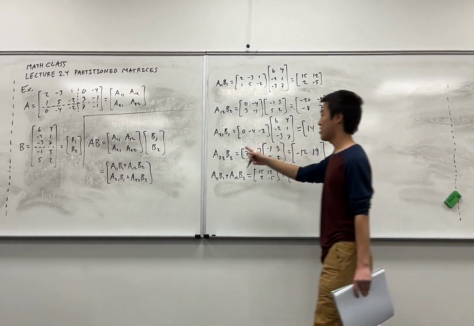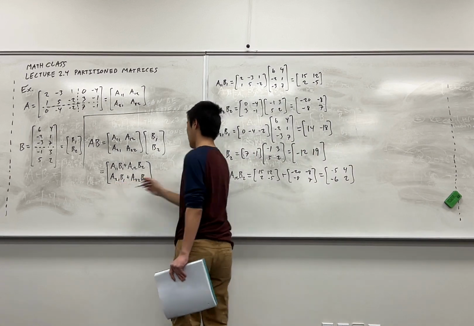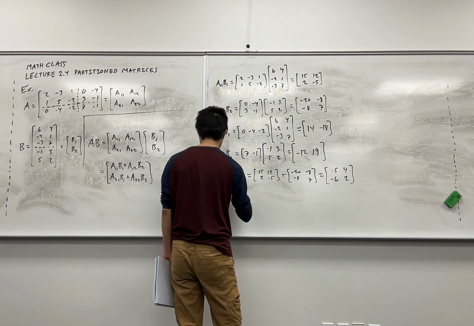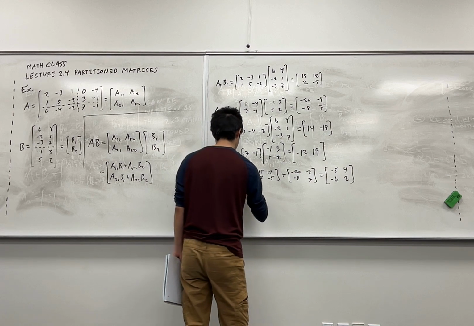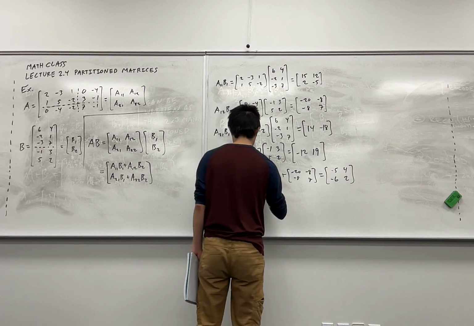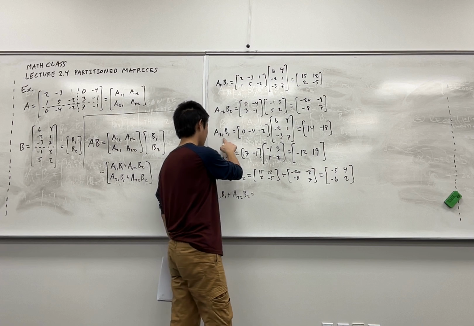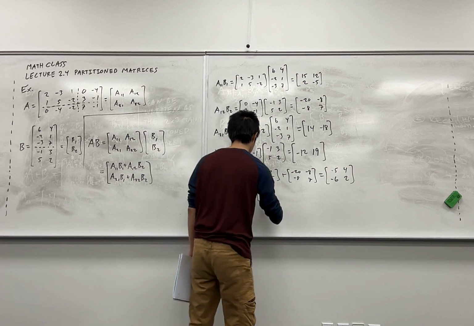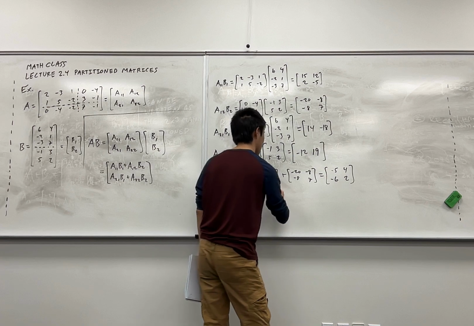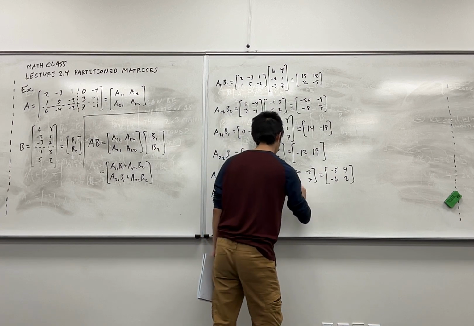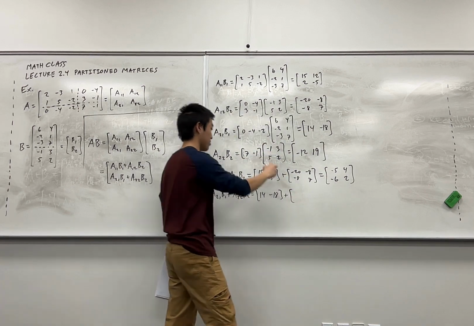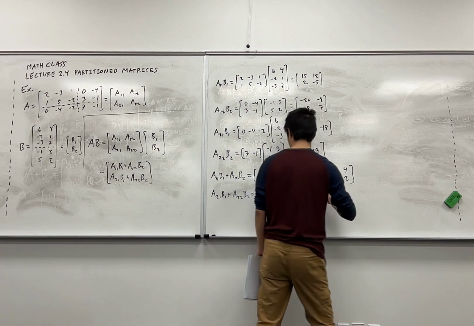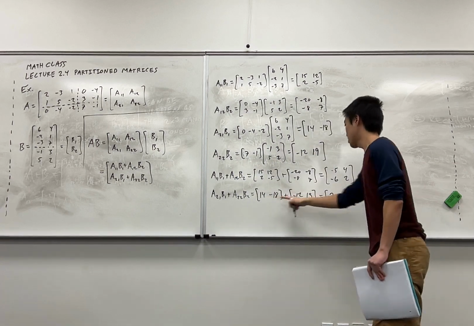And then we can do the same thing for the bottom. A21B1 plus A22B2. Here is A21B1, 14, minus 18. And then A22B2, minus 12, 19. So 2, 1.